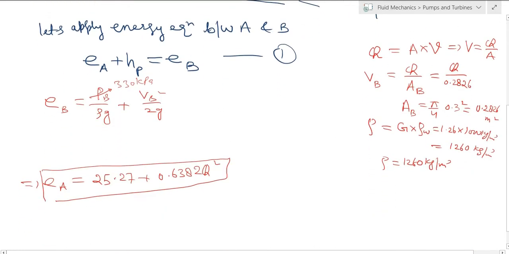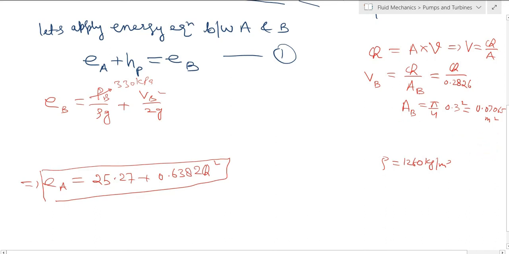Let me calculate how much it is going to be: 0.07065 meter square.